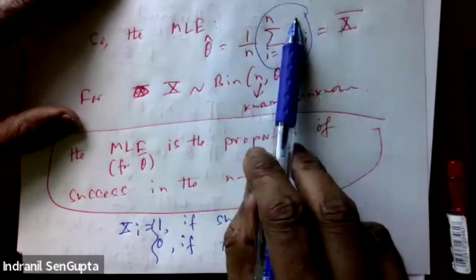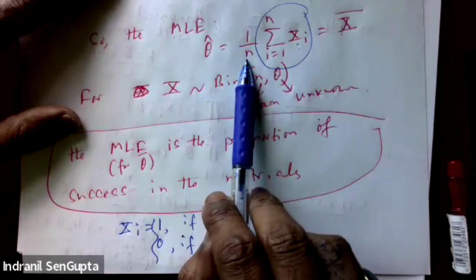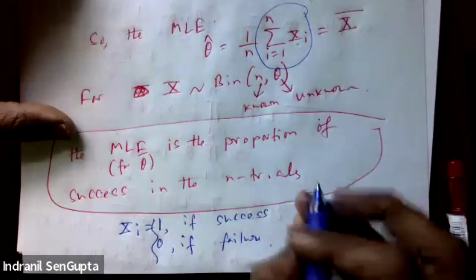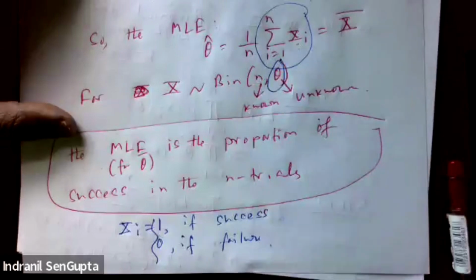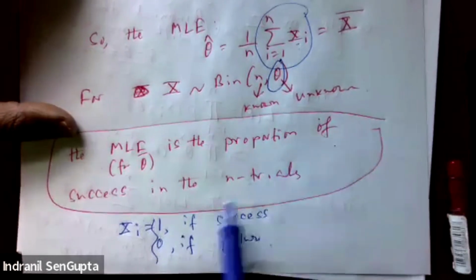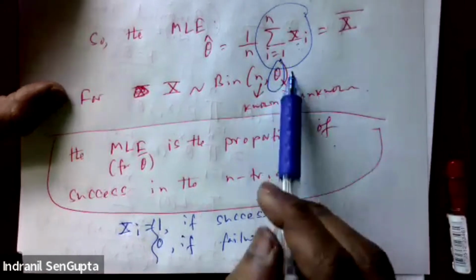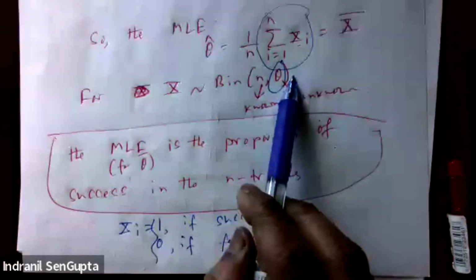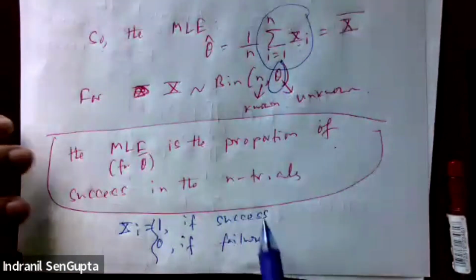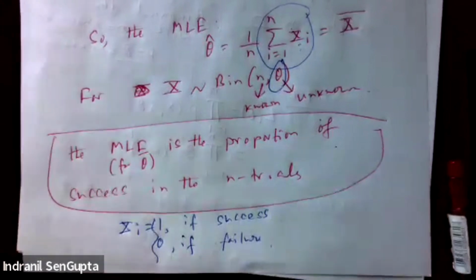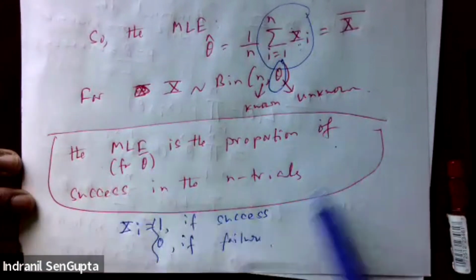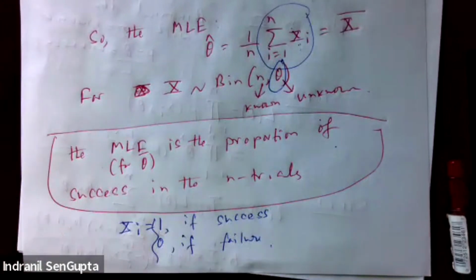Theta hat is the number of successes over the total number of trials. So the estimator for theta is the proportion of successes out of n trials. That's always the case. For a binomial distribution, if I want to estimate theta, the probability of success p, I look at the observations and whatever proportion of successes there are gives me the exact number.